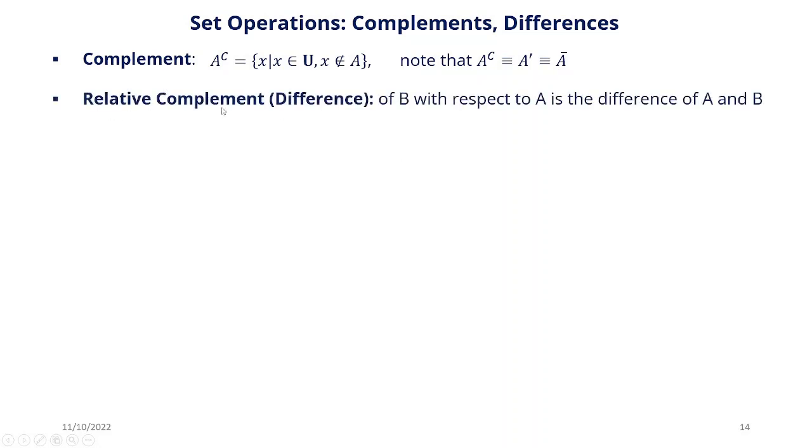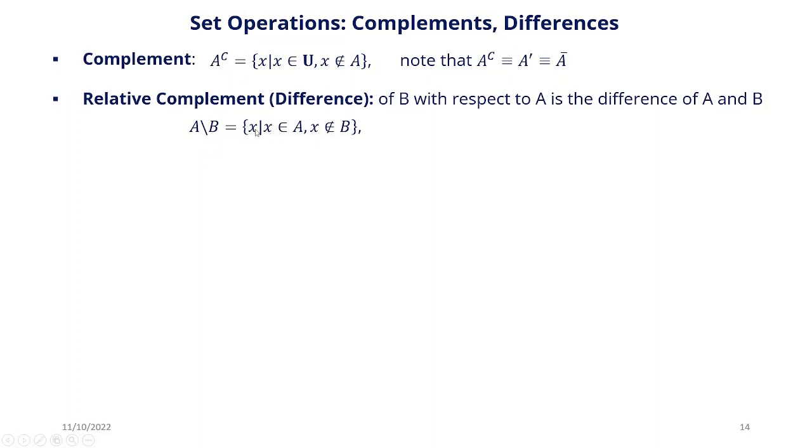Now there is also something called the relative complement of a set, which is difference. The relative complement of set B with respect to set A is the difference of A and B, and it's usually written like this. That is, if you have a set A and a set B, and they have certain items in common, if you remove all the items of B from A, what do you have?